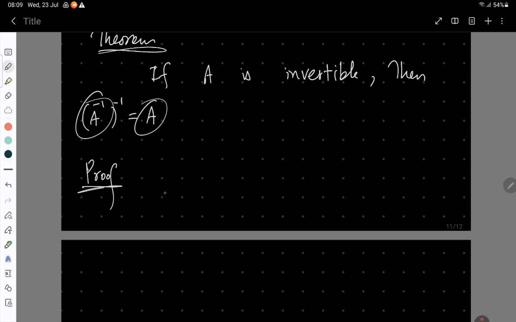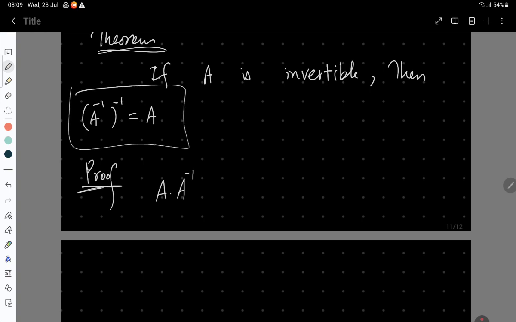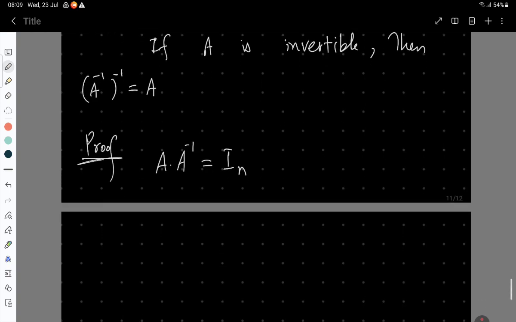So if I multiply this with the matrix inside this inverse, I mean A inverse, and if I get identity, then that means this is true. If I multiply these two, I will end up with identity, because A and A inverse are inverses of each other, hence proved.